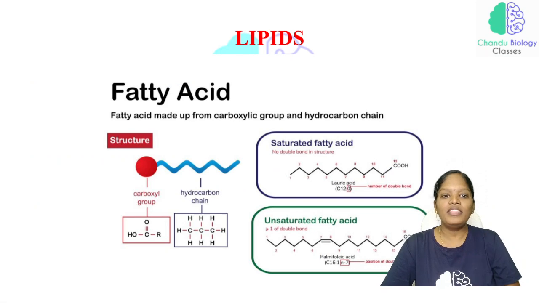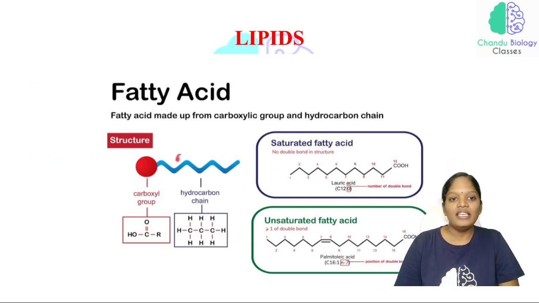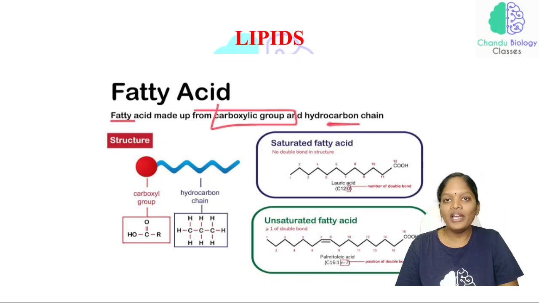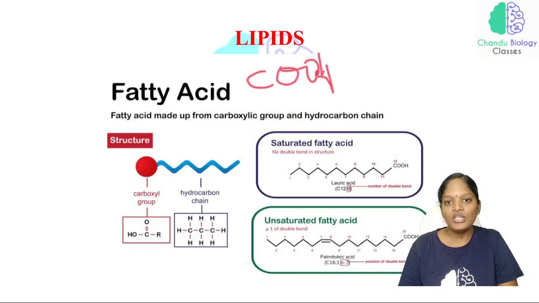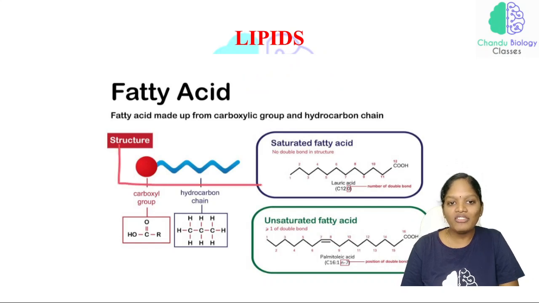Now this is the structure of a fatty acid. Fatty acids are made up of a carboxylic group and a hydrocarbon chain. Carboxylic group means COOH. Just look at this picture, this is a fatty acid.